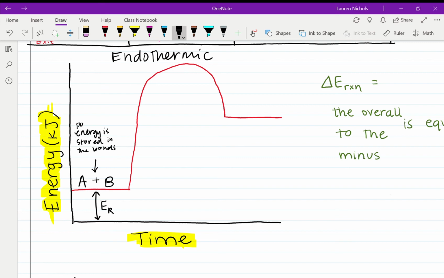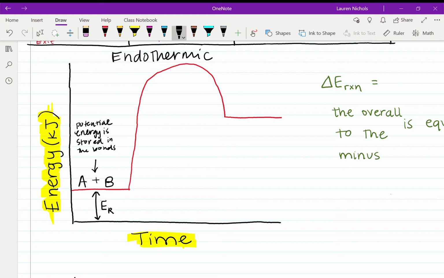And in fact, it's potential energy. So remember, potential energy is one type of energy, and there's kinetic energy as well. And potential energy is stored in these bonds, meaning there's the potential for some sort of reaction to occur.